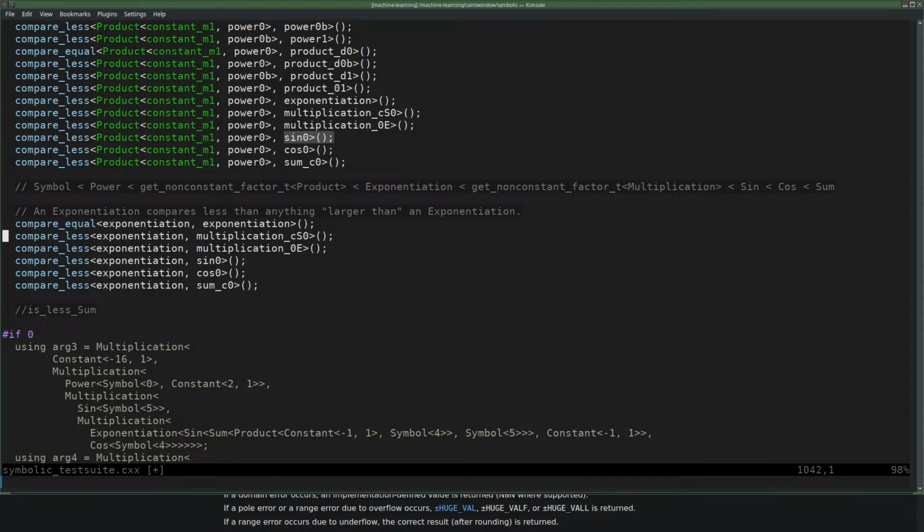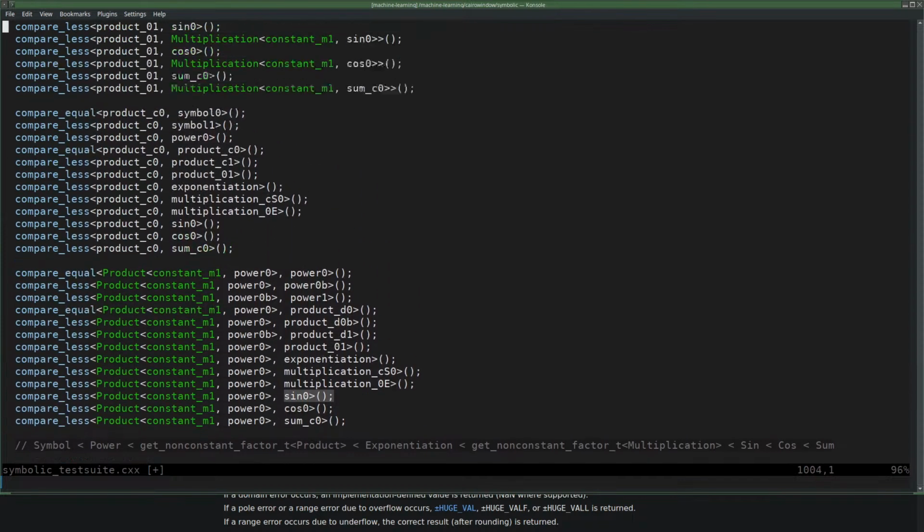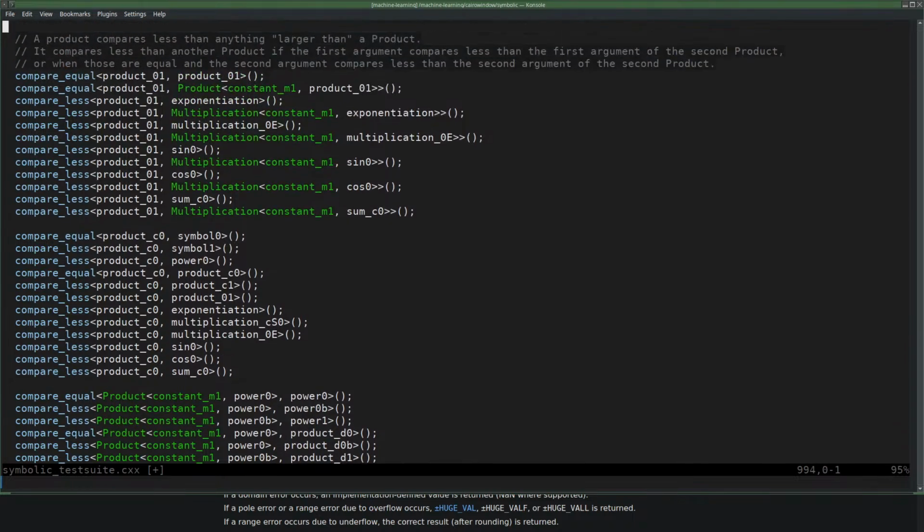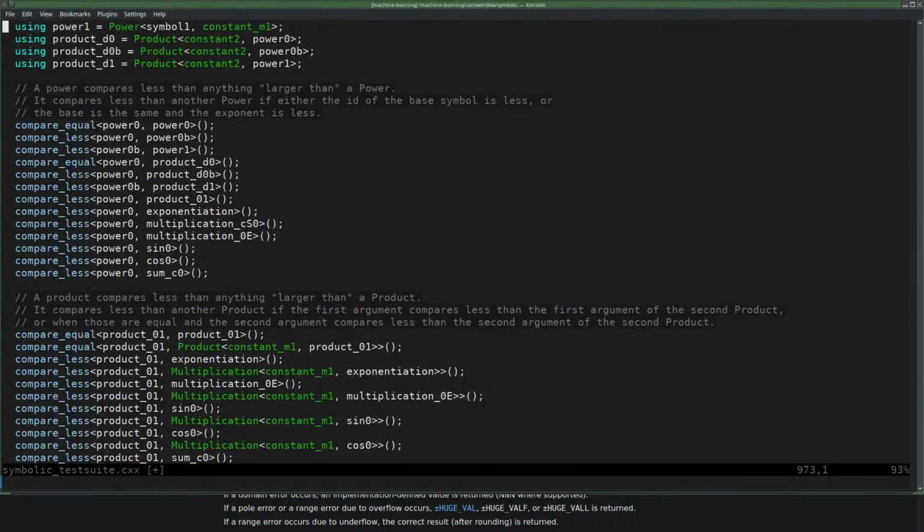Comparing two exponentiations is again going on a base and exponent, so it's kind of the same as the power. Those two.